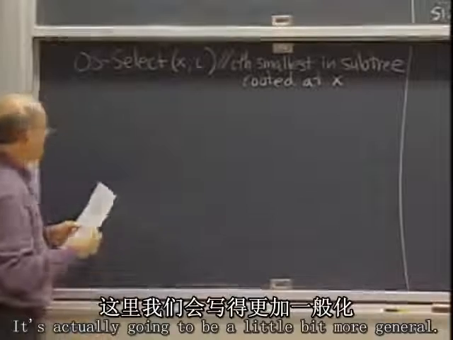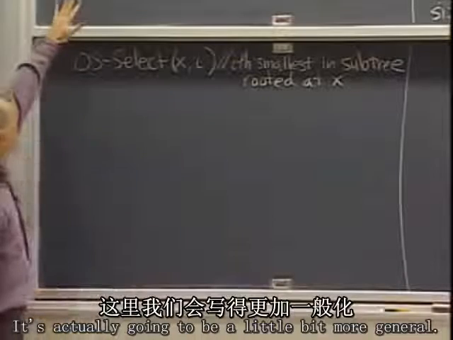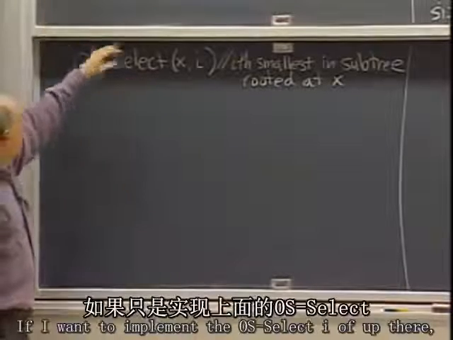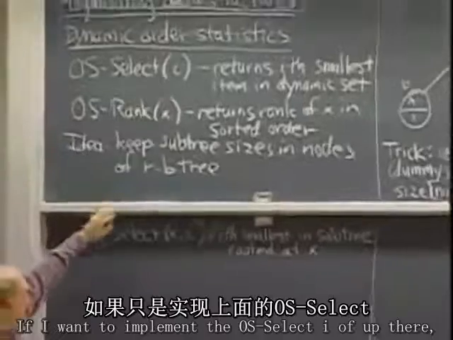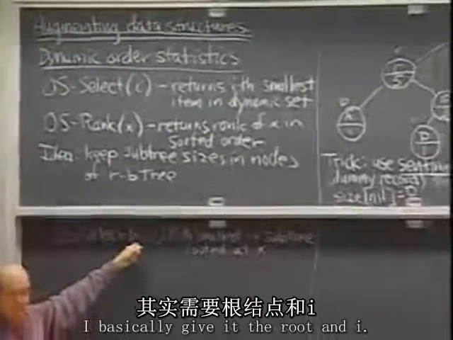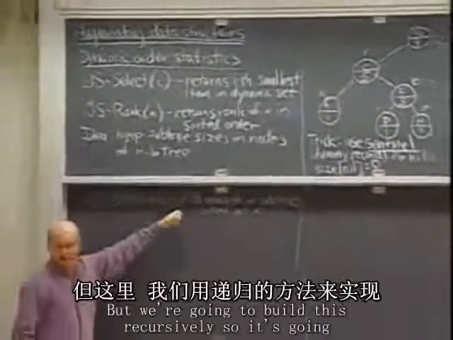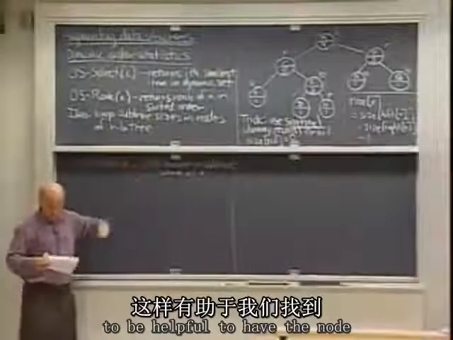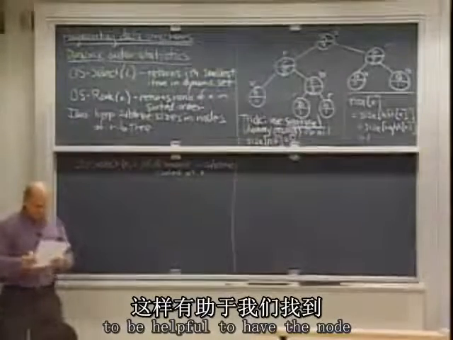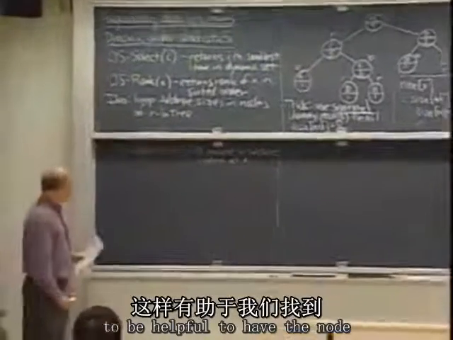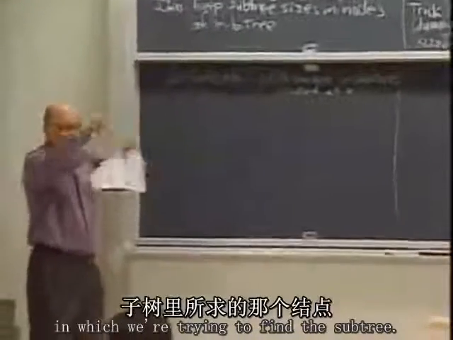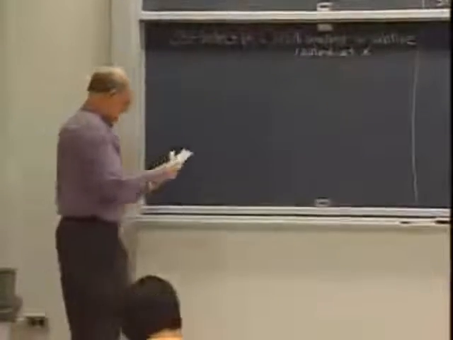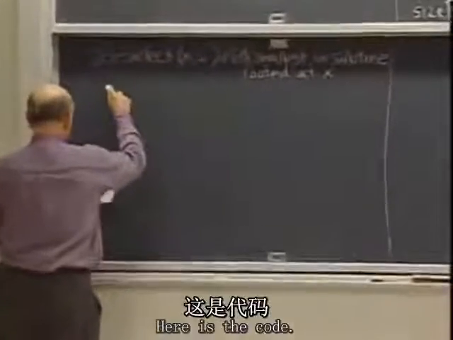It's actually going to be a little bit more general. If I want to implement the OS select I have up there, I basically give it the root and i. But we're going to build this recursively, so it's going to be helpful to have the node in which we're trying to find the subtree. So here's the code.